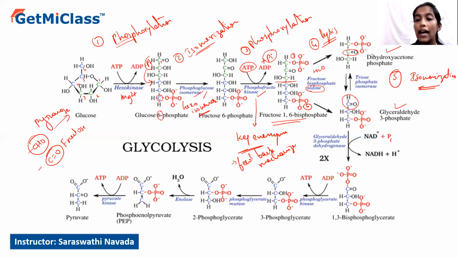So in order to continue the process of glycolysis, this dihydroxyacetone phosphate will be isomerized into its functional isomer, that is glyceraldehyde 3-phosphate. And this particular reaction is catalyzed by the enzyme triose phosphate isomerase.